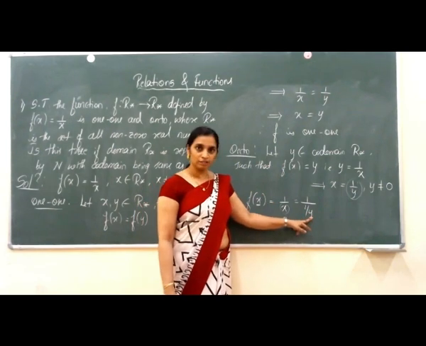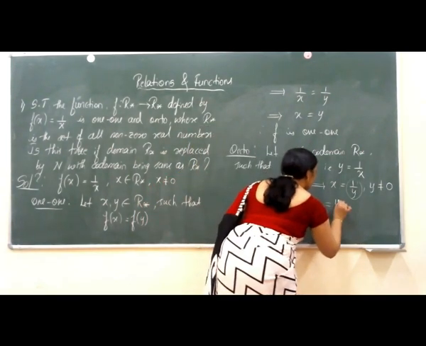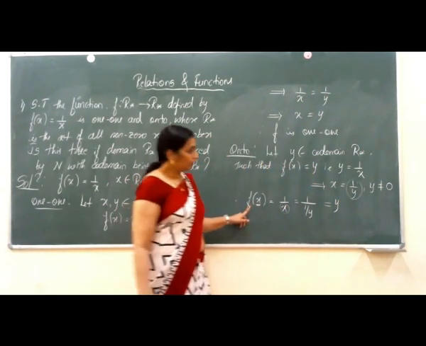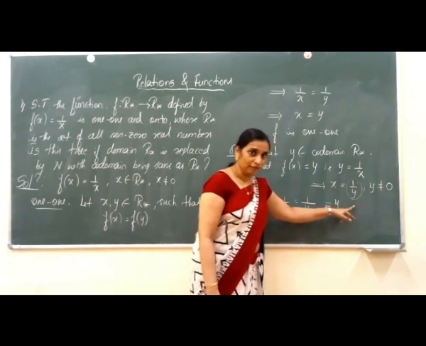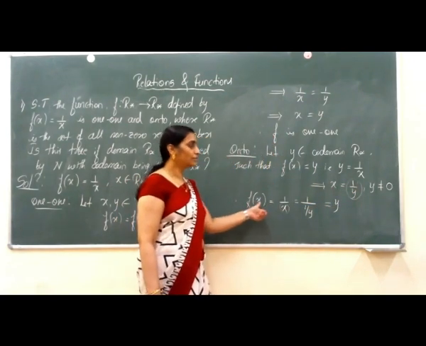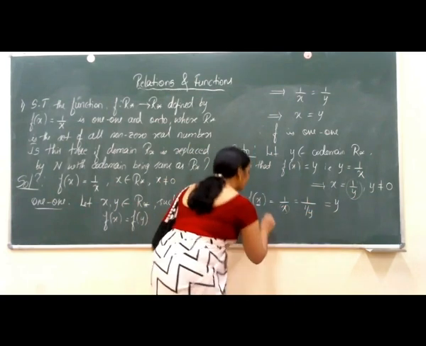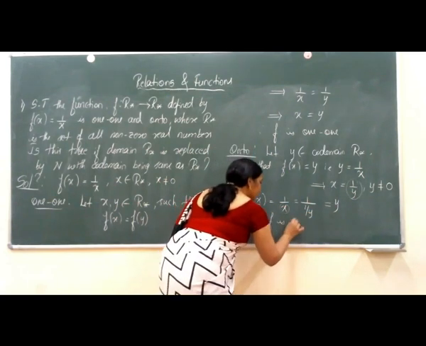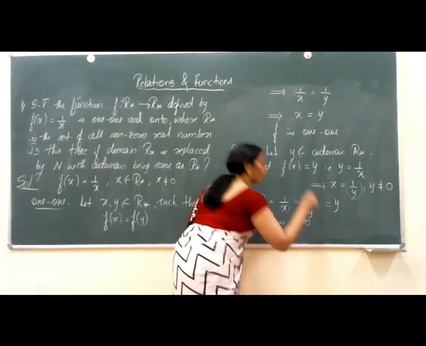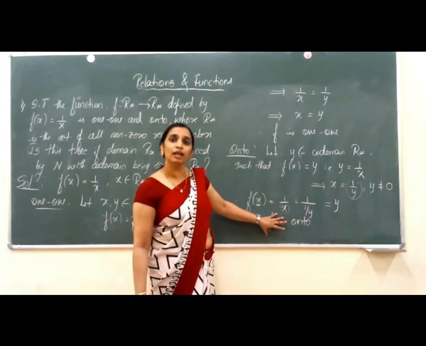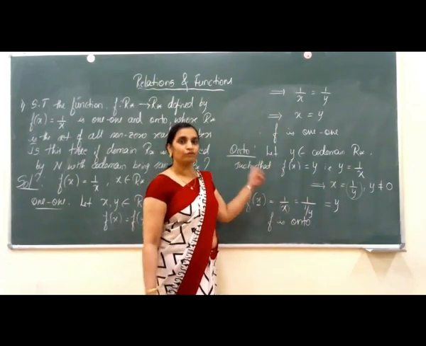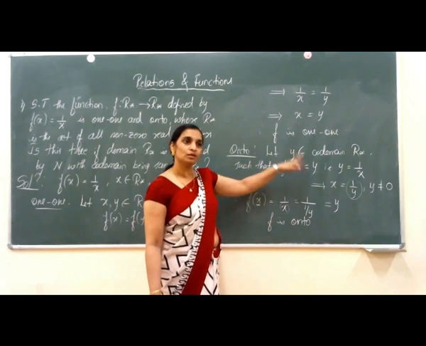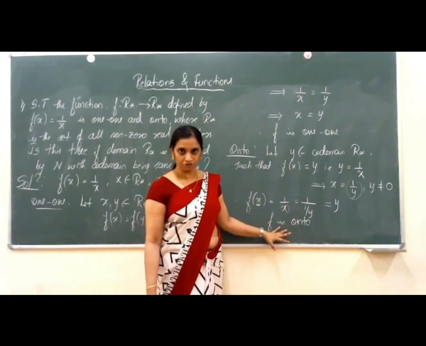Taking the reciprocal, this y goes to the numerator, that is equal to y. So, for the value x equal to 1 by y, we are getting f of x equal to y. Therefore, f is onto. This is how we will have to check whether the given function is onto or not.